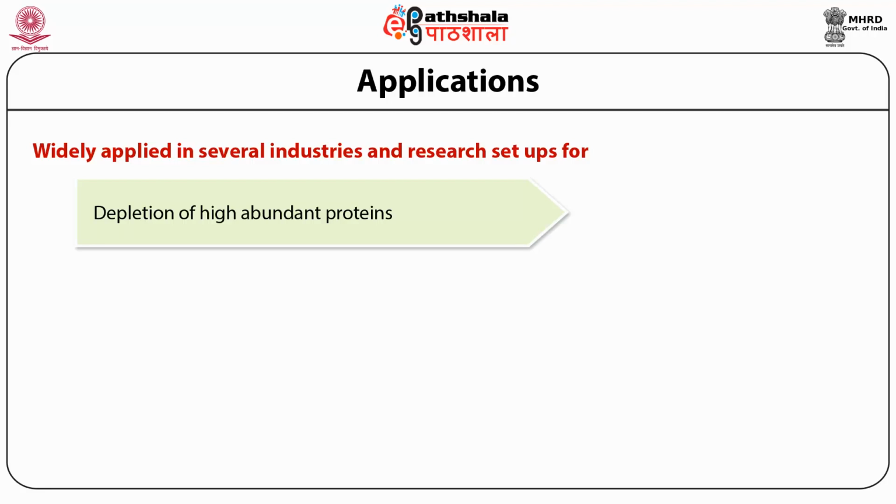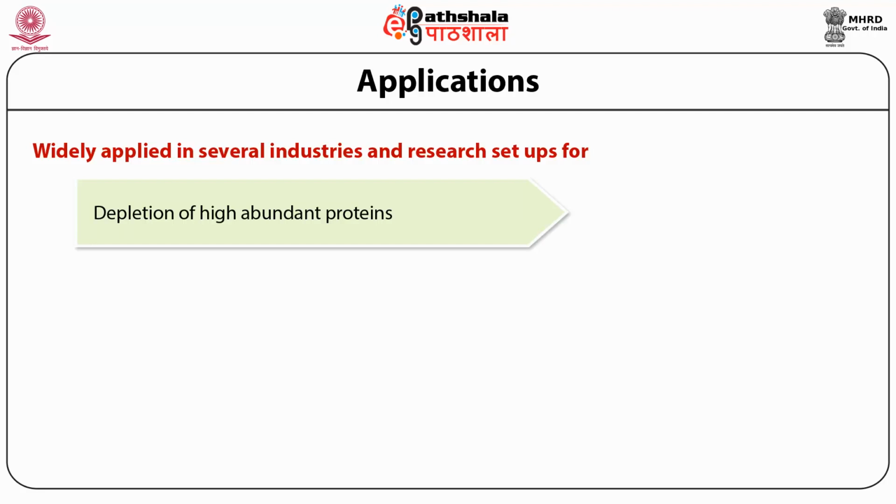They want to find out some biomarker. As we know, in serum, albumin is a highly abundant protein which can mask other low abundant proteins. So affinity chromatography is applied to remove albumin from serum samples so that a researcher can focus on low abundant protein present in the serum.